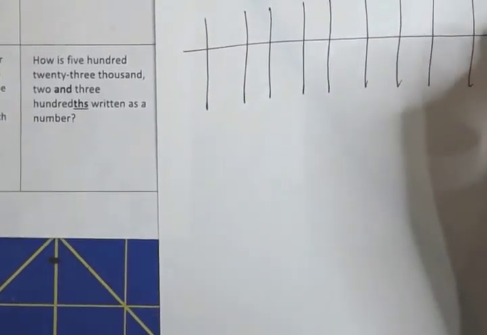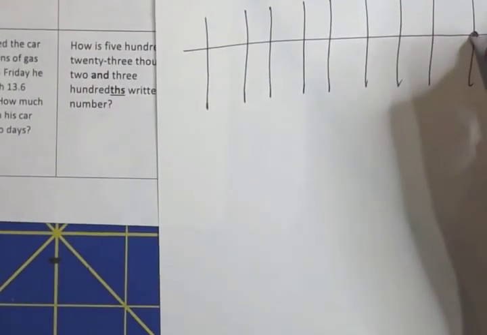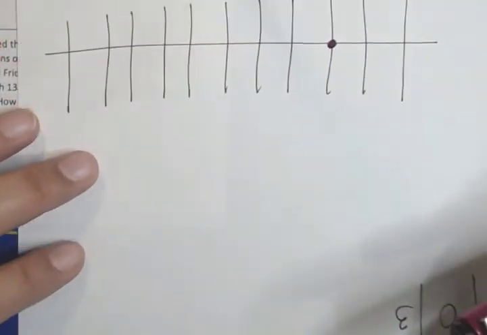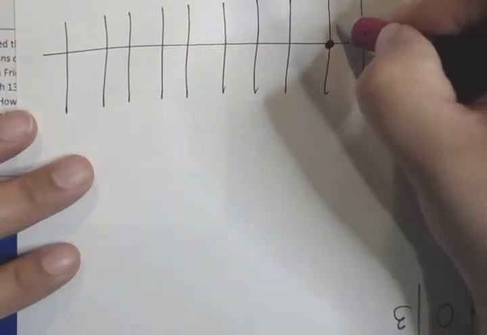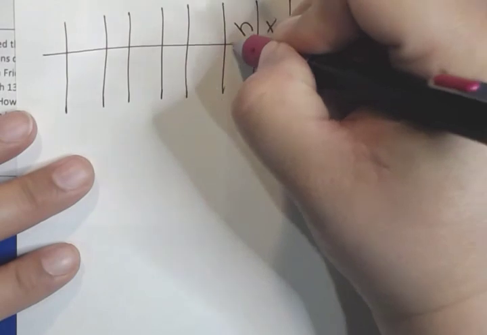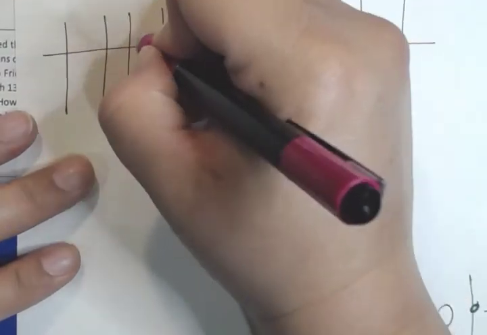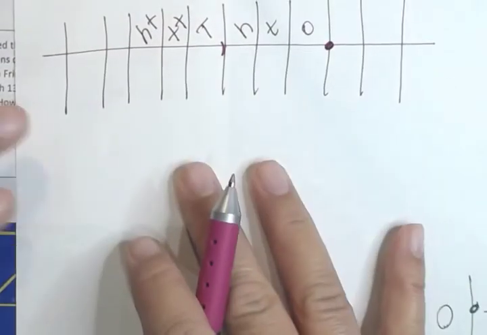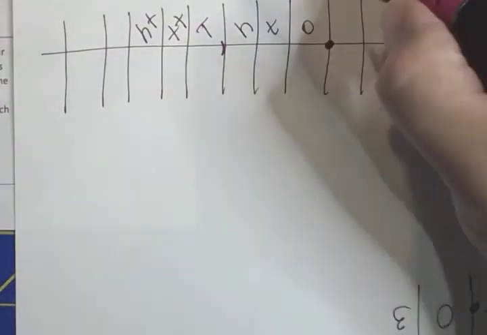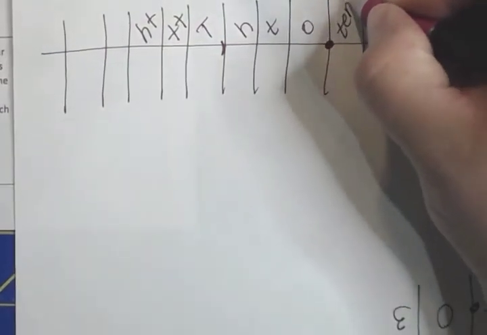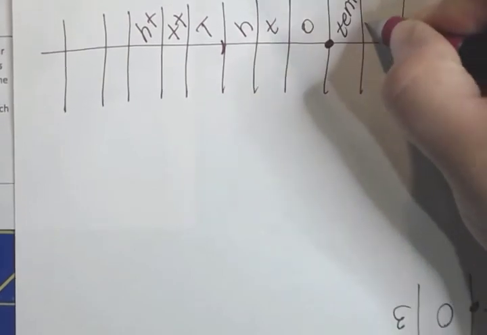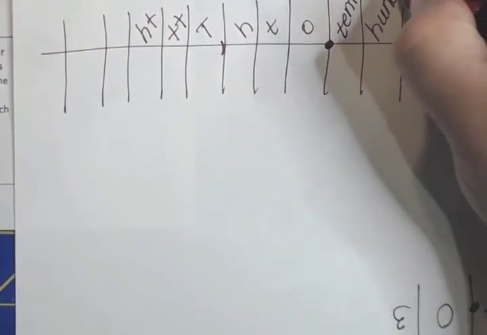All right, so let's start. Let's put the decimal right here. And this is my ones, tens, hundreds, thousands, 10,000s, 100,000s. That's as far as I need to go. And then this is my tenths and my hundredths.